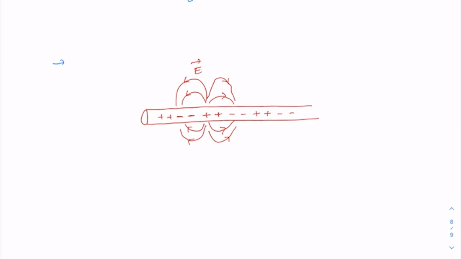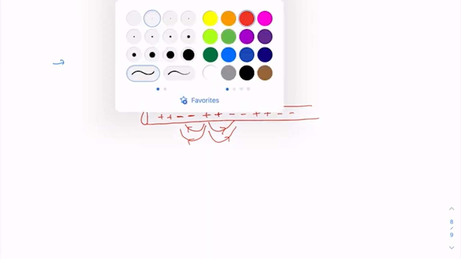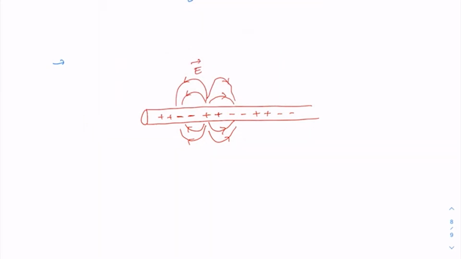As these charges start moving, it will result in current, which in turn will result in magnetic fields. This is not rigorously correct, I'm just giving you an idea. As these magnetic fields build up, this changing magnetic field will again create an electric field, which will act against the original motion.